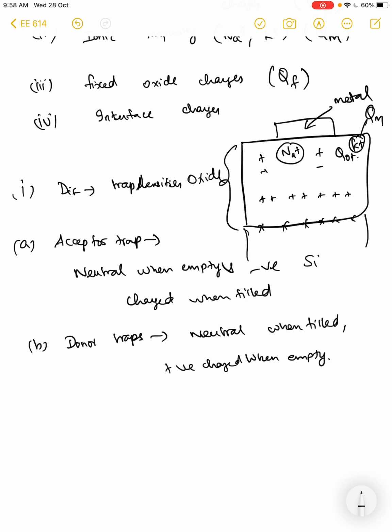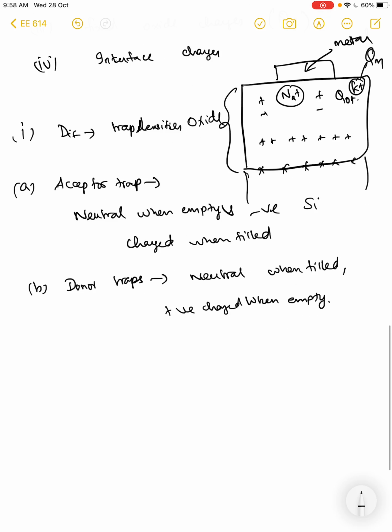But its role at the interface is a little bit different from what it is in the bulk, where it's actually used as a dopant. But we are not just talking about traps, right? The total number of ionized acceptor traps and donor traps will give you what is called QIT, which is the total charge density at the interface.